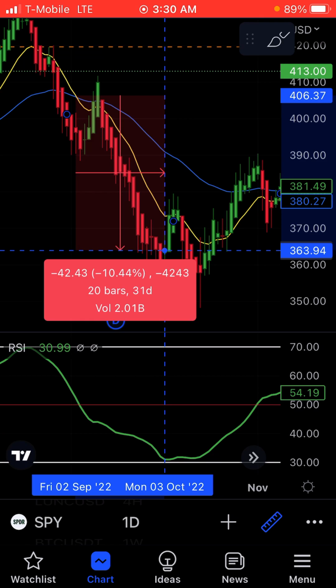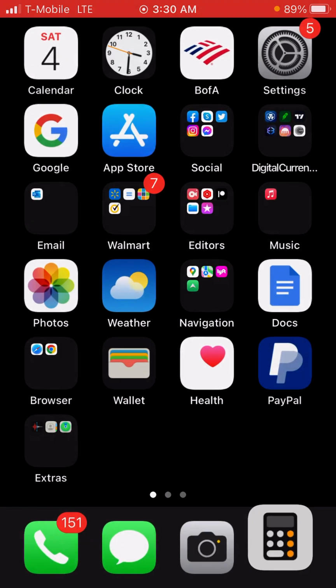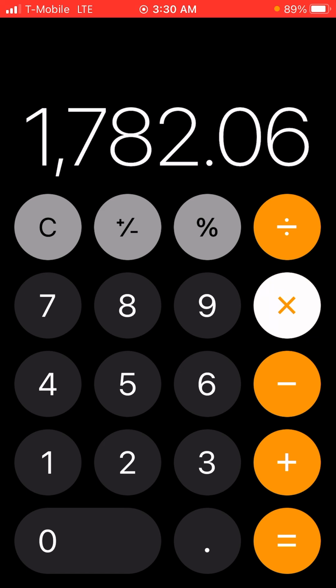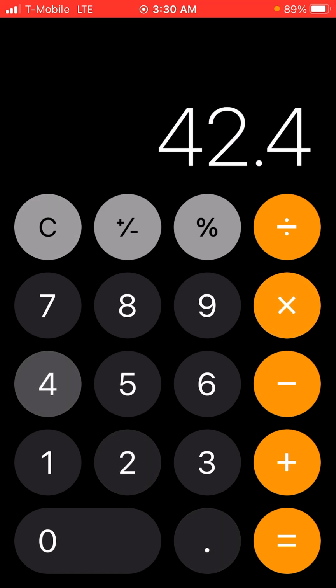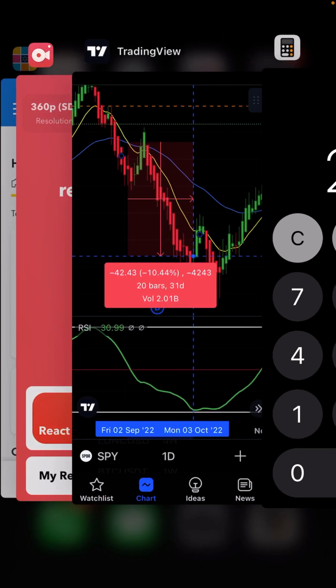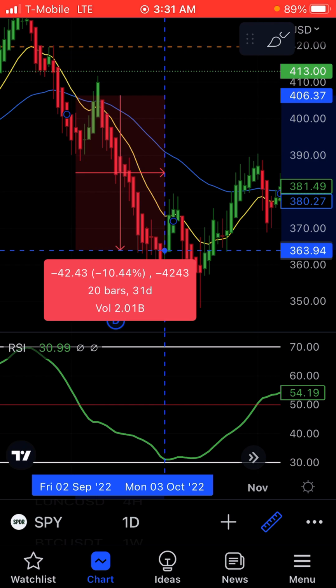So that is a $42 difference in price. 42, 43 times 50. So that is a $2,000 gain right there in a month.